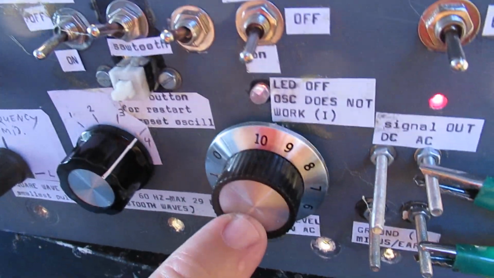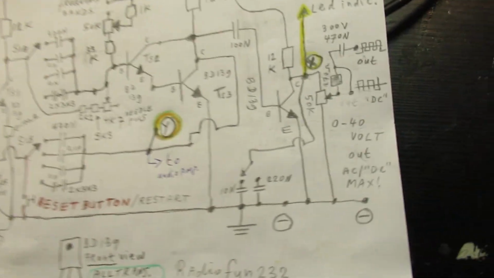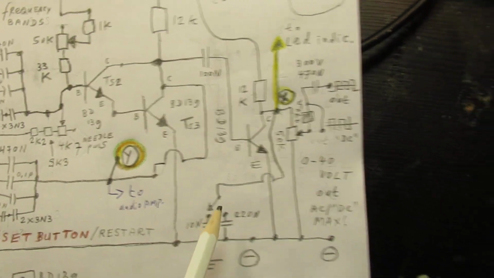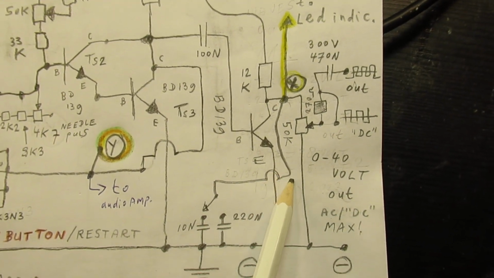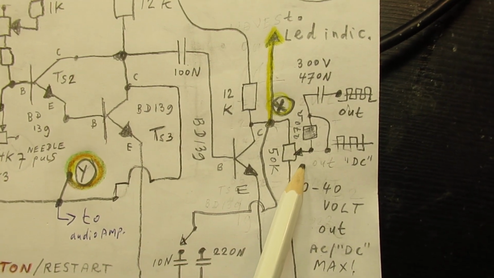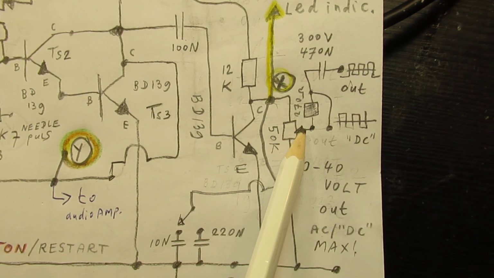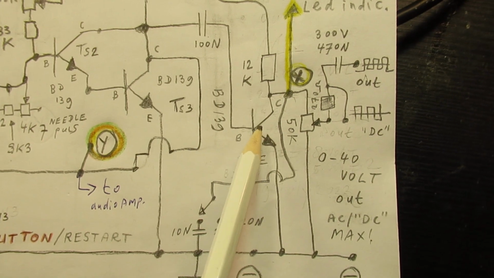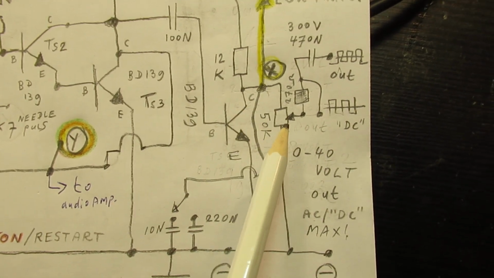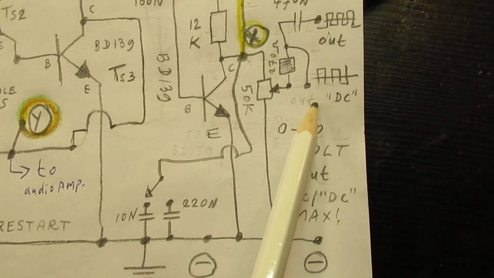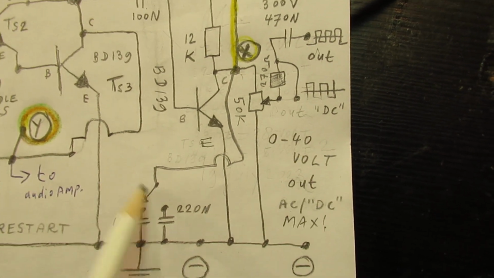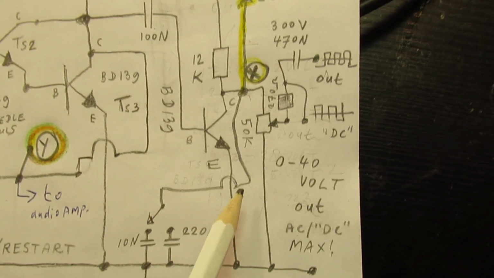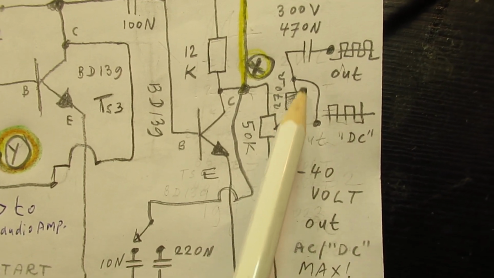Output level is set here with this potentiometer, and that is this potentiometer in the circuit, 50k, 50,000 ohms, and there is a series resistor, and of course you can in a certain way take out here DC voltage, to drive a transistor circuit or whatever. And here you have the AC voltage.